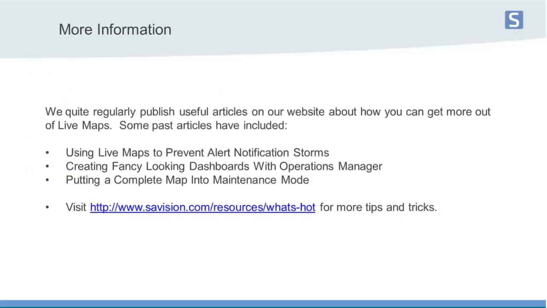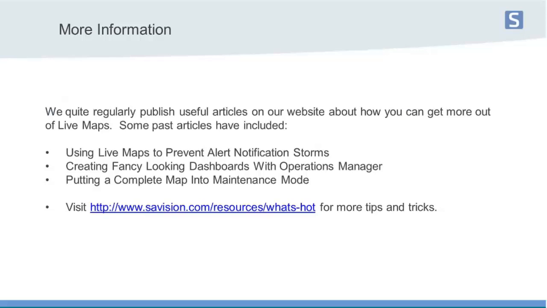We quite regularly publish information on our website. We have a blog. We also have a lot of resources that show you tips and tricks on how to get more out of Live Maps. Some of the things have come up in just the last few months. Using Live Maps to actually prevent alert notification storms, so you get exactly the alerts that you need so that you can ignore the noise and get right to the problem.